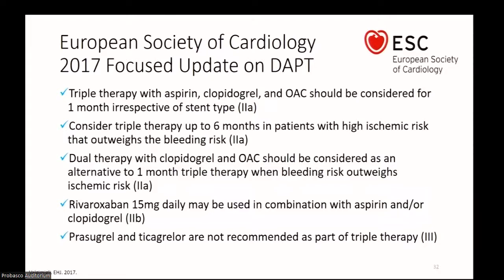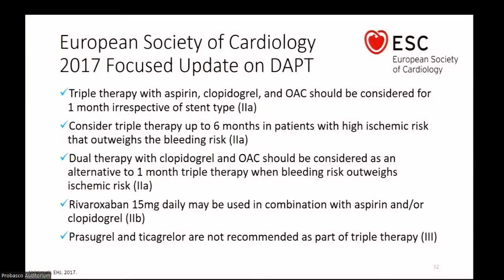The European Society of Cardiology is another one of our guidelines, and they say very similar things to what we've reviewed. So triple therapy with aspirin, clopidogrel, and oral anticoagulation should be considered for 1 month, irrespective of stent type. Consider triple therapy up to 6 months in patients that have a high ischemic risk, which outweighs their bleeding risk.